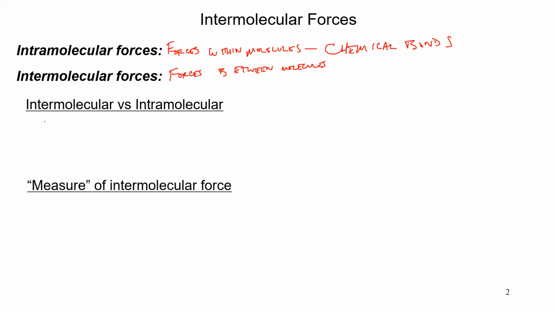Okay, so inter versus intramolecular, just in terms of their relative strengths. When we talk about intermolecular forces, one of the strongest, which we'll talk about in a minute, is hydrogen bonding. To go from liquid water to gas, we're not breaking apart those hydrogen and oxygen atoms.